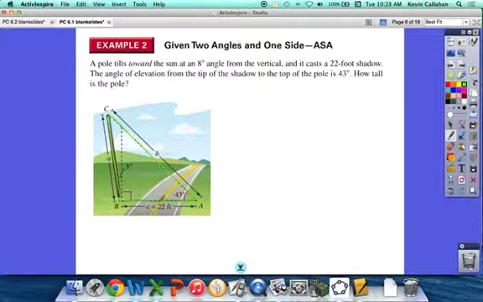Right, there's the 22-foot shadow. This is the vertical, and this is 8 degrees. That's actually not the angle we need. We need this angle. What is this angle? 98, right? You have to add the 90 to the 8, so it's 98 degrees.